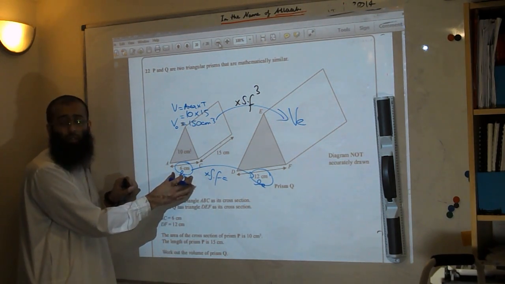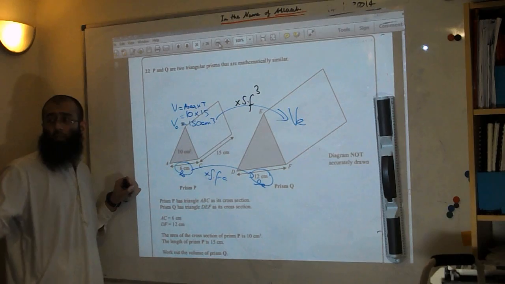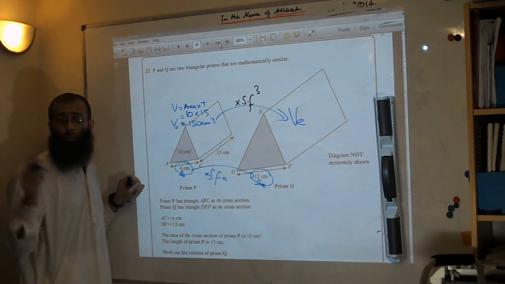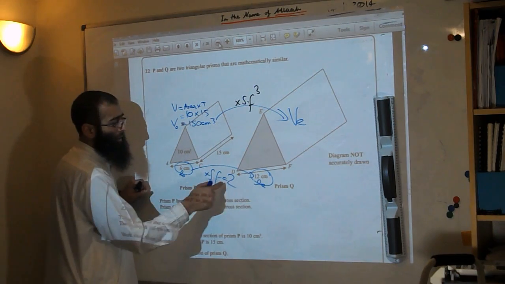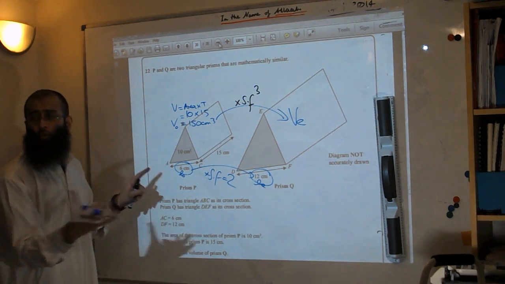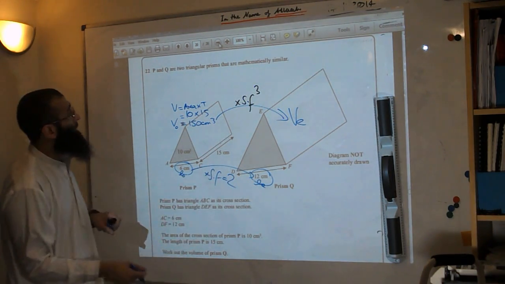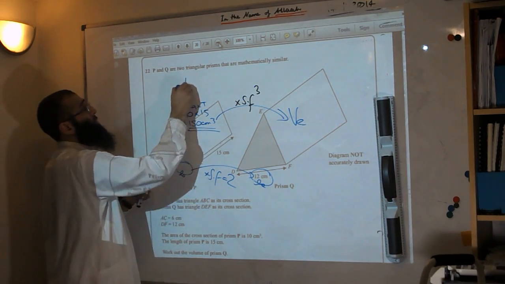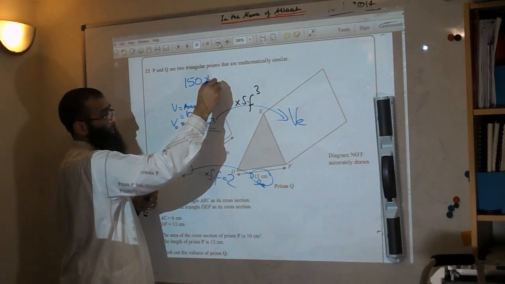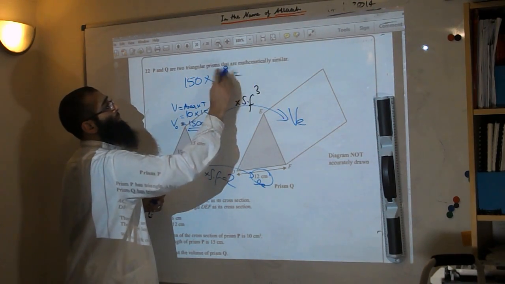So this original length times by the scale factor is 12. So, Mr. Saf, 6 times by? Excellent, well done. 6 times by 2 is 12. So our scale factor is clearly 2 from looking at the similar lengths. Now, scale factor cubed. So we have to do 150 multiplied by 2 cubed.